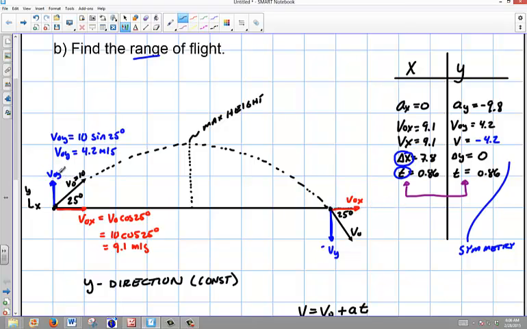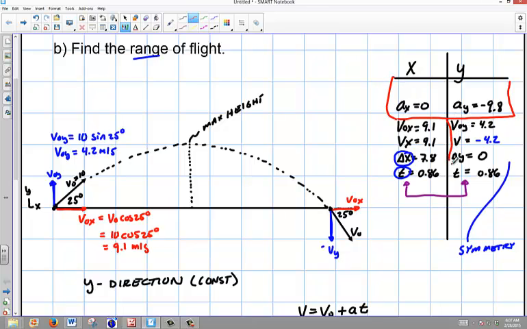We had the initial y here, it was a mirror basically of this v final y here. So we were able to start getting all this information, and then we knew the acceleration is always negative 9.8. We know the acceleration is always 0 for the x. So all of this information here was all obtained just by reasoning through the chart here.